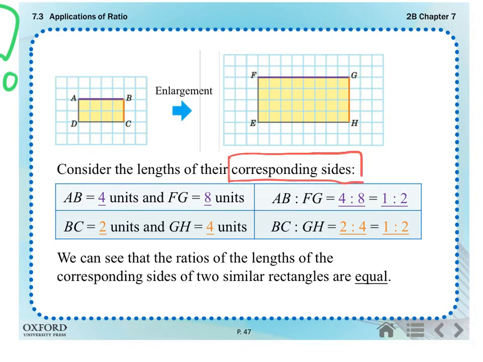It shows the color here. This one corresponds with the width, and the length corresponds to the length. And then the ratio would be 1 to 2. Okay, 1 to 2. And this is what we call the ratio of the corresponding lengths.